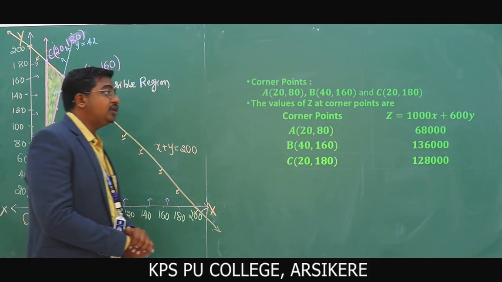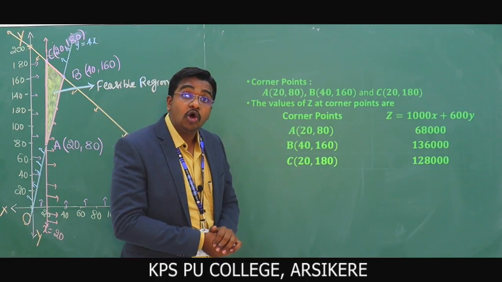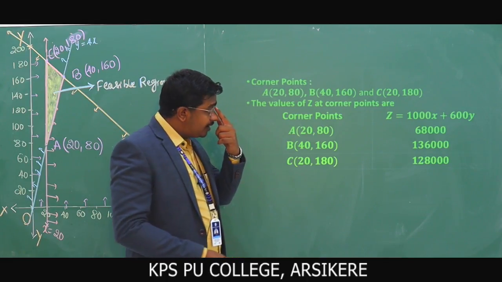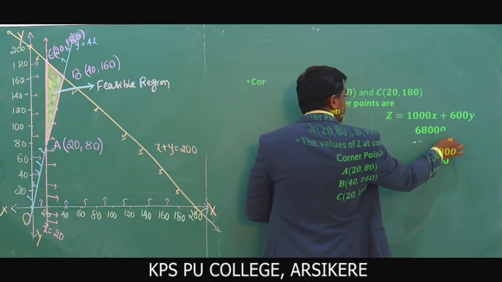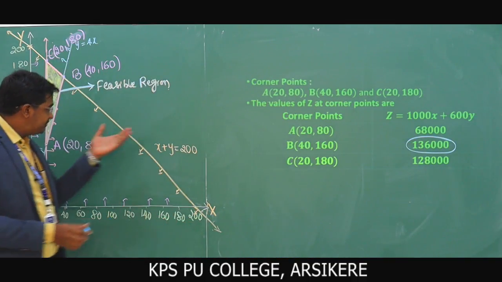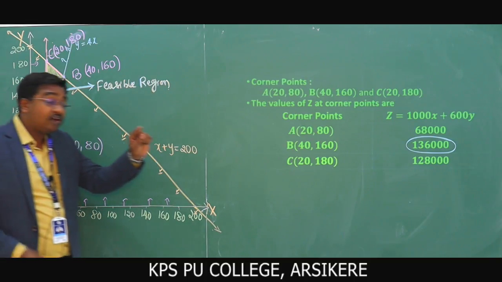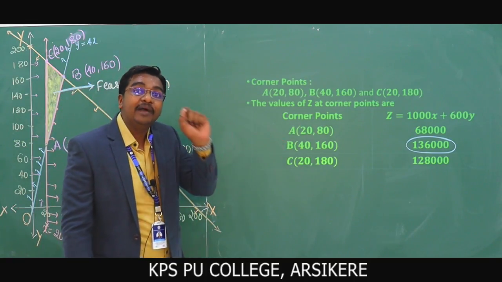And when I substitute x is equal to 20 and y is equal to 180, we obtain 1,28,000. So here we need to maximize the profit. That means here we have to maximize what? The objective function. So what is the largest value of the objective function? Here we have the largest value, right? Just observe the feasible region. Here the feasible region is bounded, right? Hence the largest value of the objective function becomes the maximum value.